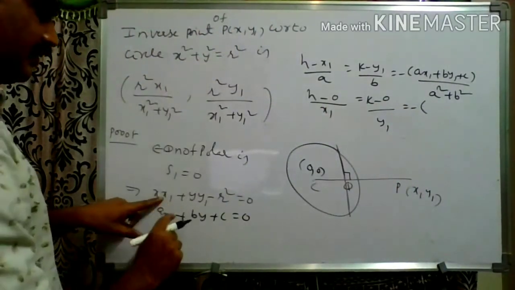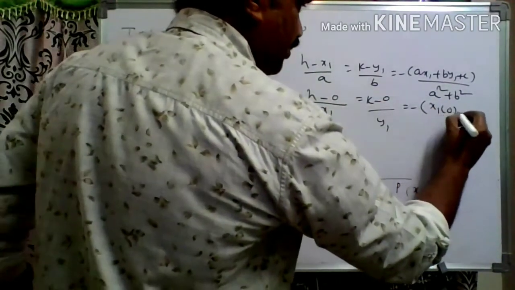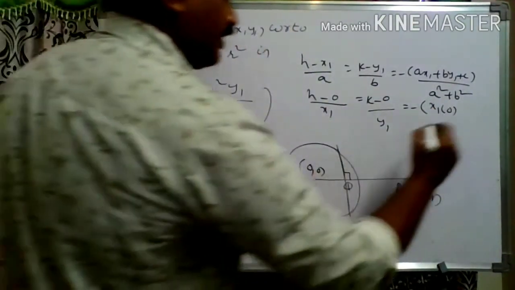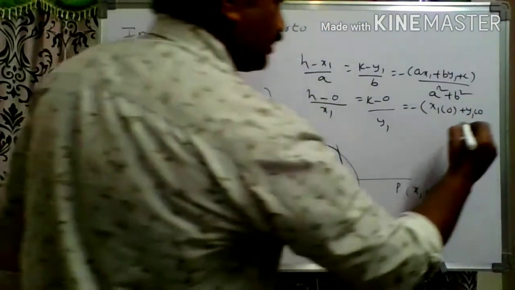Friends, a is equal to x1, b is equal to y1, c is minus r square.